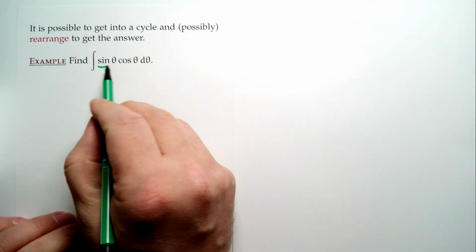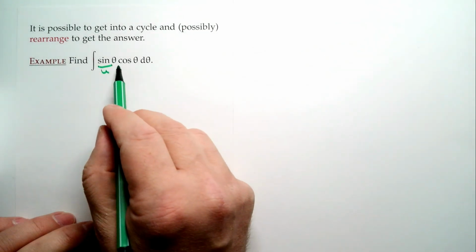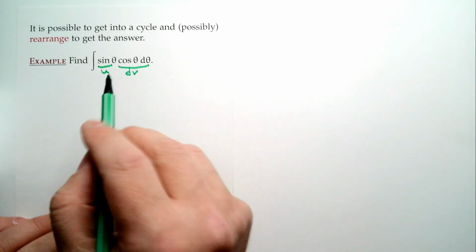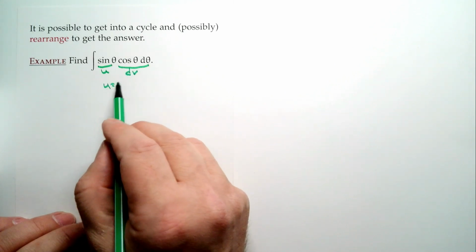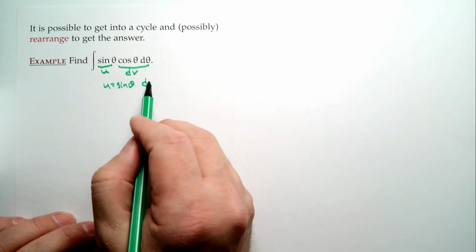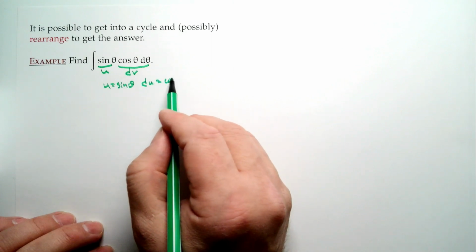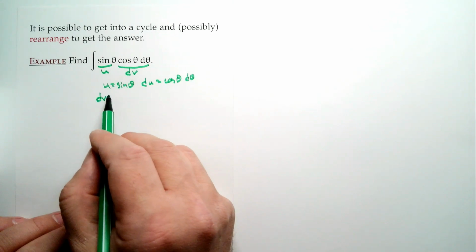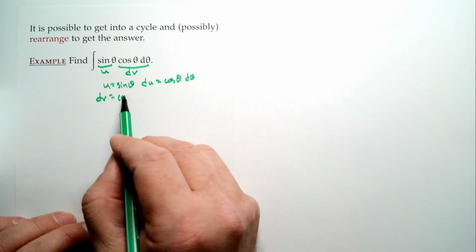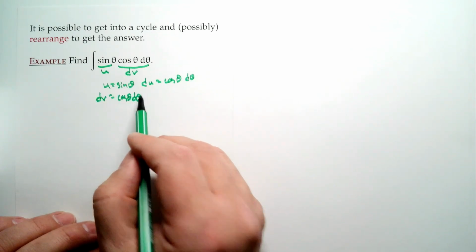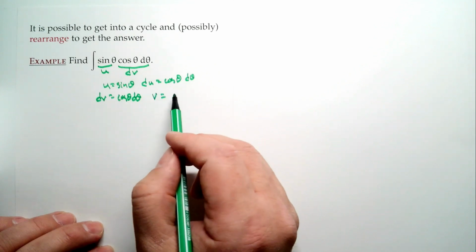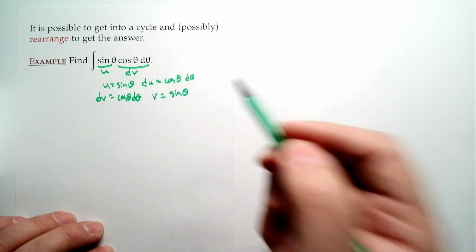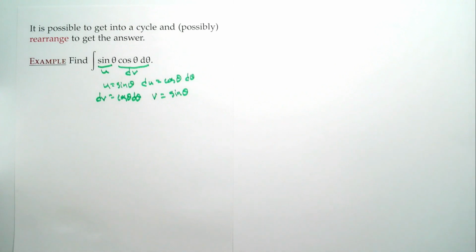I'm going to let this be our u and this be our dv. So we have u equals sine theta. Then du, well, that'd be cosine theta d theta. Then we have dv is cosine theta d theta. So v would be sine theta. The antiderivative of cosine is sine.